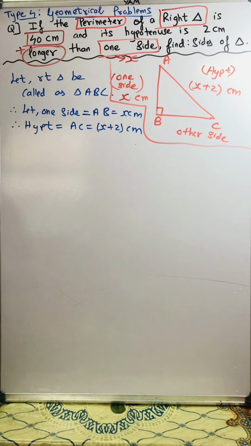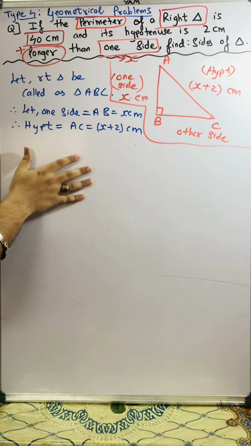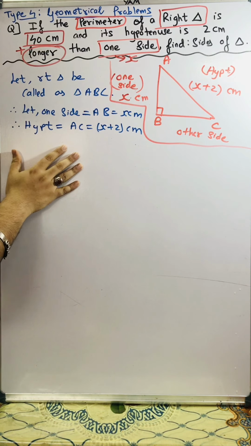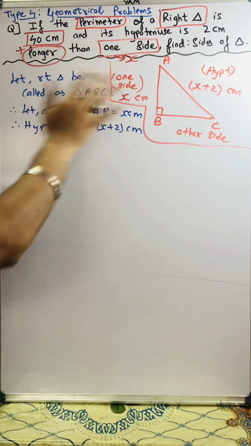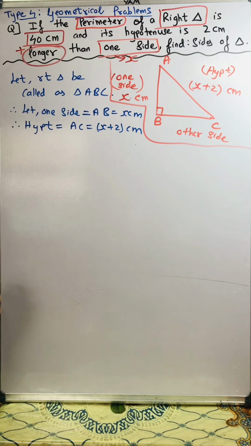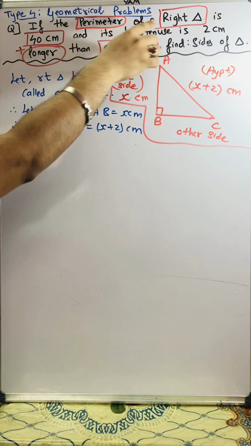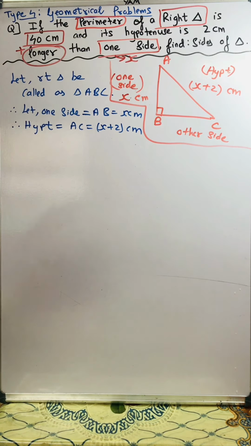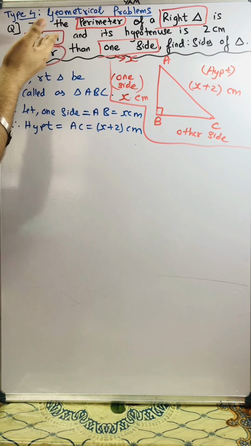So what I did on the left hand side in blue color, I just jotted down what all we discussed looking at the diagram. Now it's time to utilize the given part. Now it's given to us that the perimeter of the triangle is 40 centimeter. Up till now I haven't used this data.